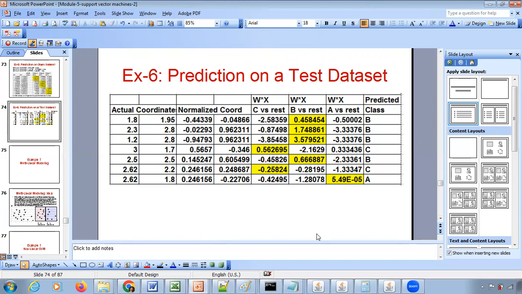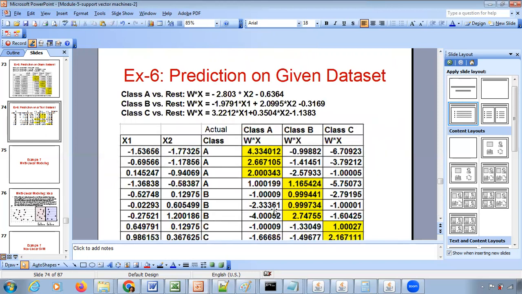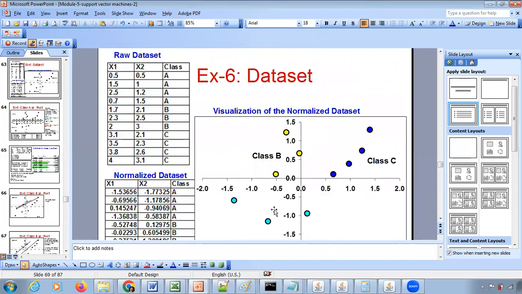But if the WX values are all negative, then you have to just pick the best of the worst. And technically, in this case, for this one, it could be either B or C, because we are given a data set where we don't have a decision boundary. That's the problem. We have to come up with a decision boundary so that we can predict the class for any test data point. So that 0.24 is actually plotted here.